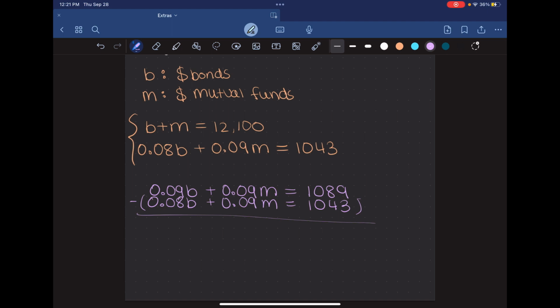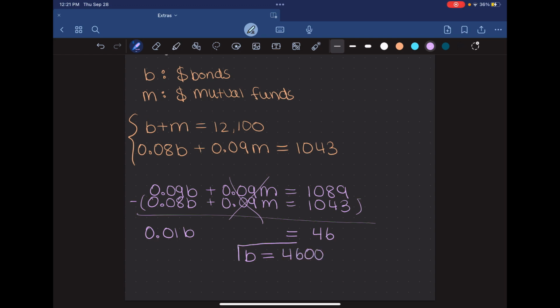So I end up getting 0.01B, my M's cancel, is equal to 1,089 minus 1,043, which gives me 46. Then I can divide by 0.01 and get that B is going to be equal to 4,600.